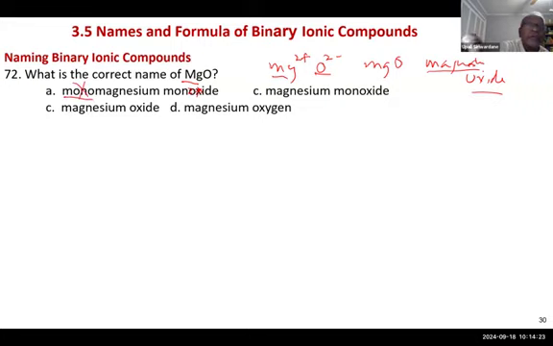You don't use magnesium monoxide. Monoxide, no prefixes. Magnesium oxygen is wrong. The second element is oxide, not oxygen. Therefore, answer is C.